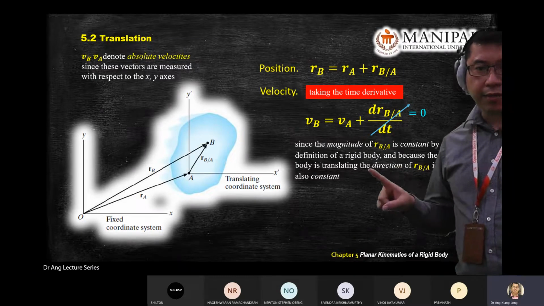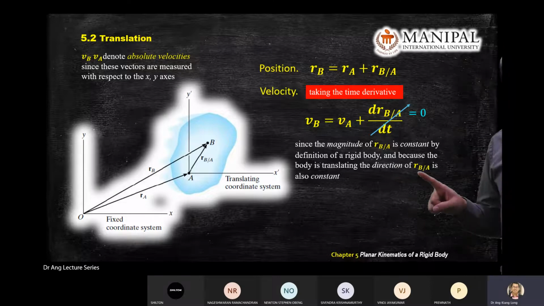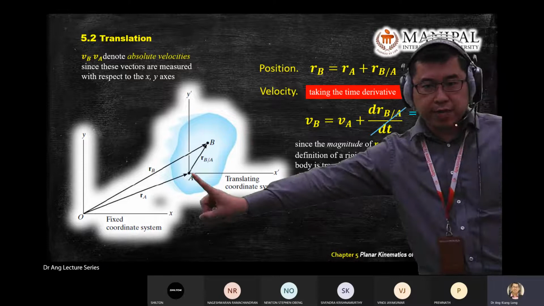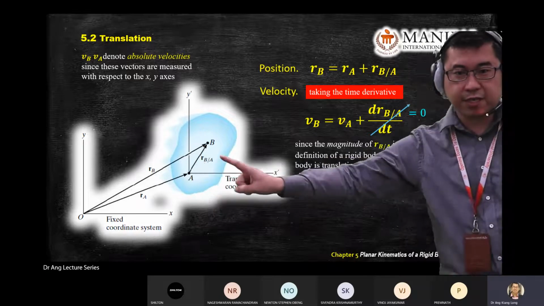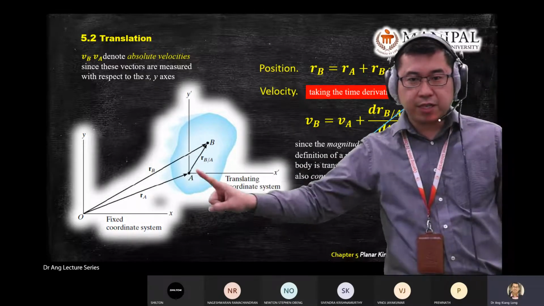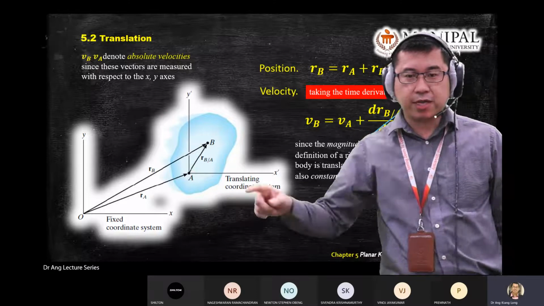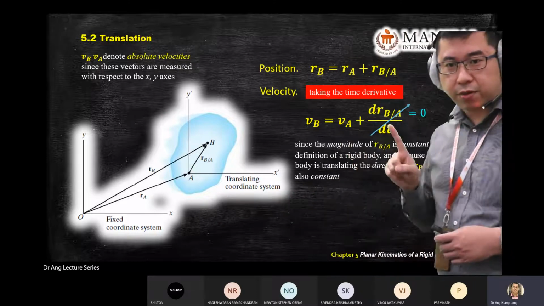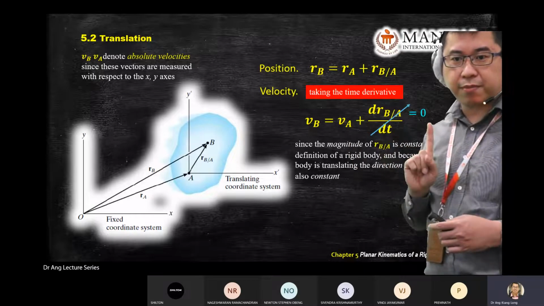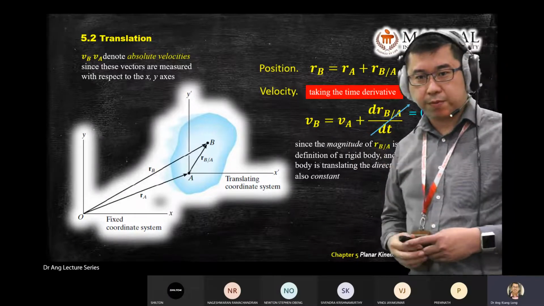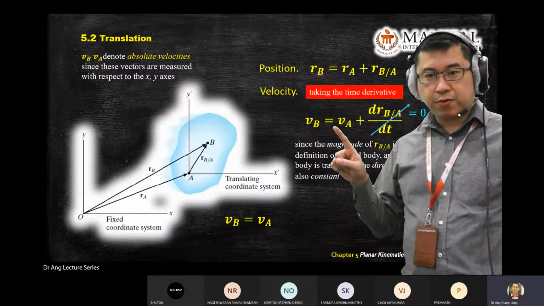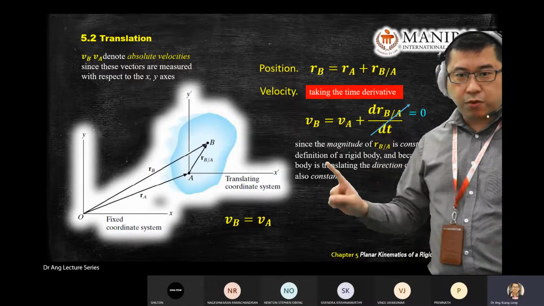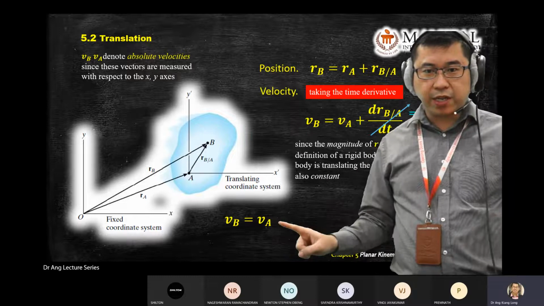And another, because of direction R stroke B also constant. Magnitude same, because this is a vector. Vector magnitude is the same, direction also same, so it doesn't change anything. So when you do derivative over time, it becomes 0. So it gives you this velocity equation. It gives you VA equal VB.